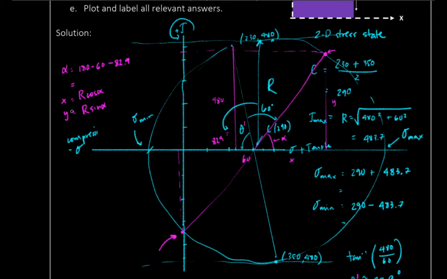So what do these two values indicate? This x and y values. Well, since x is along the sigma axis, it relates to the normal stresses, while the y value is a shear stress value.